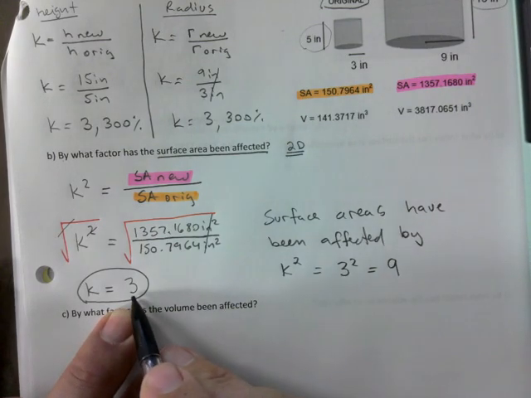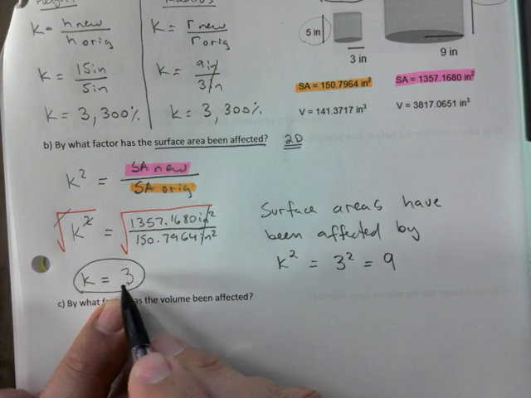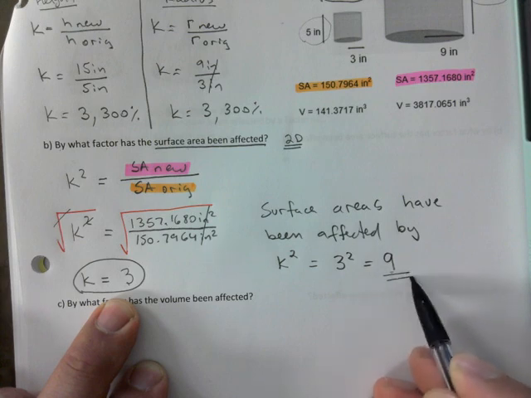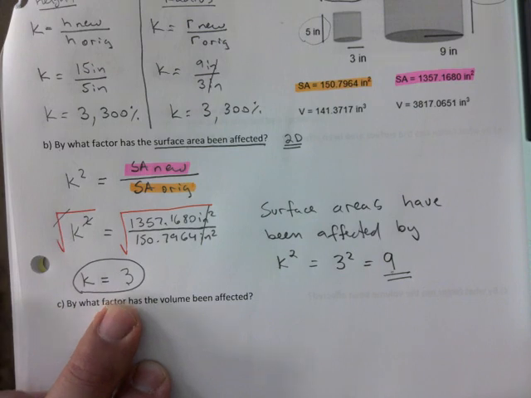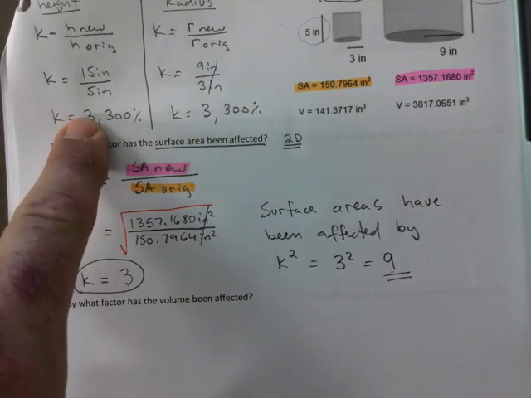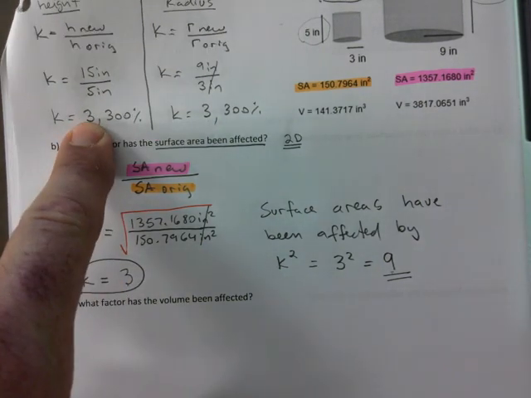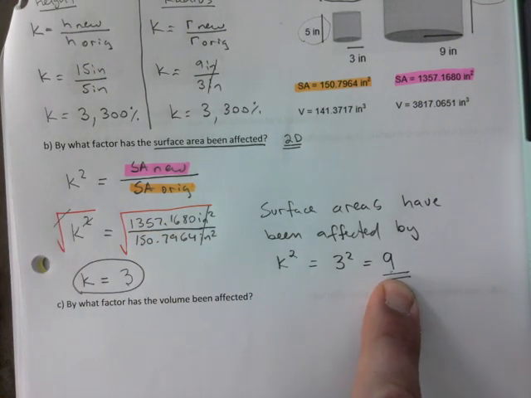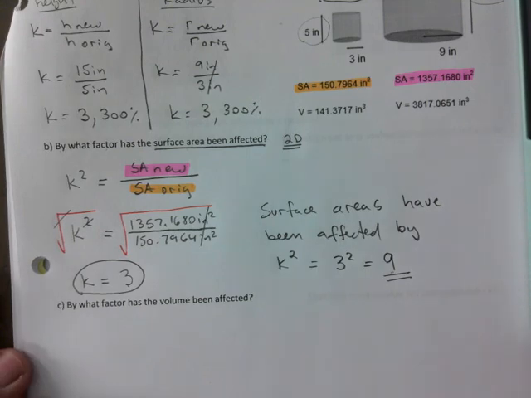So you found your scale factor, but the surface areas really have been affected by a factor of 9. Okay, so that's important to note there. We just found the scale factor that the dimensions have been affected by, but the actual surface areas were affected by a factor of 9. You got to remember that.